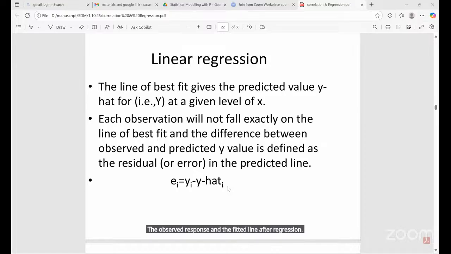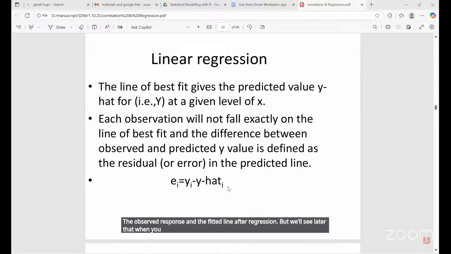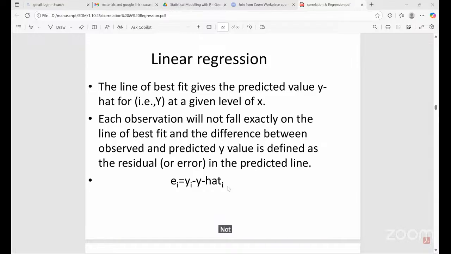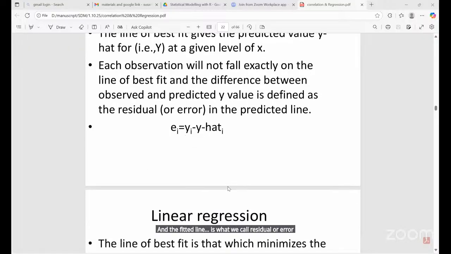But we'll see later that when you fit a line onto your data, not all values fall on that line. The difference between the observed values and the fitted line is what we call residual or error due to other factors.